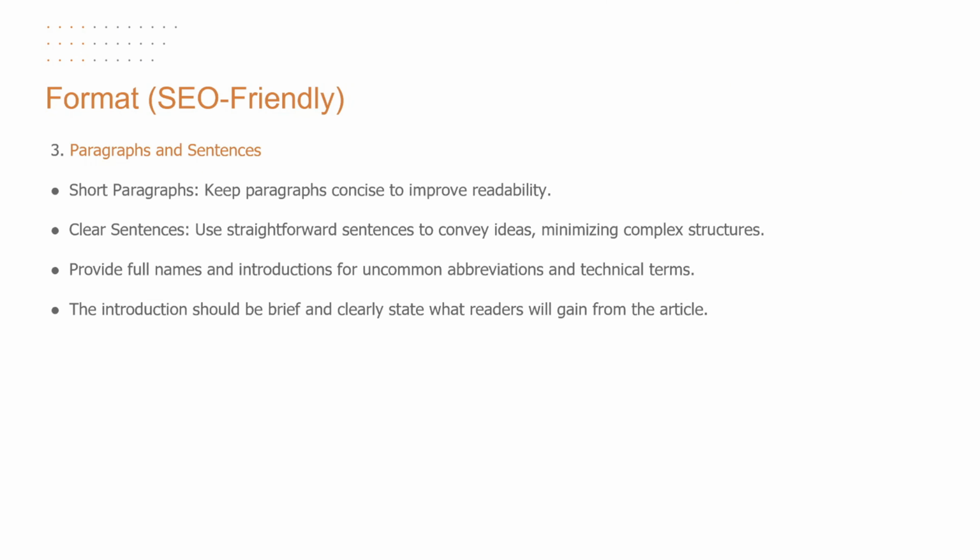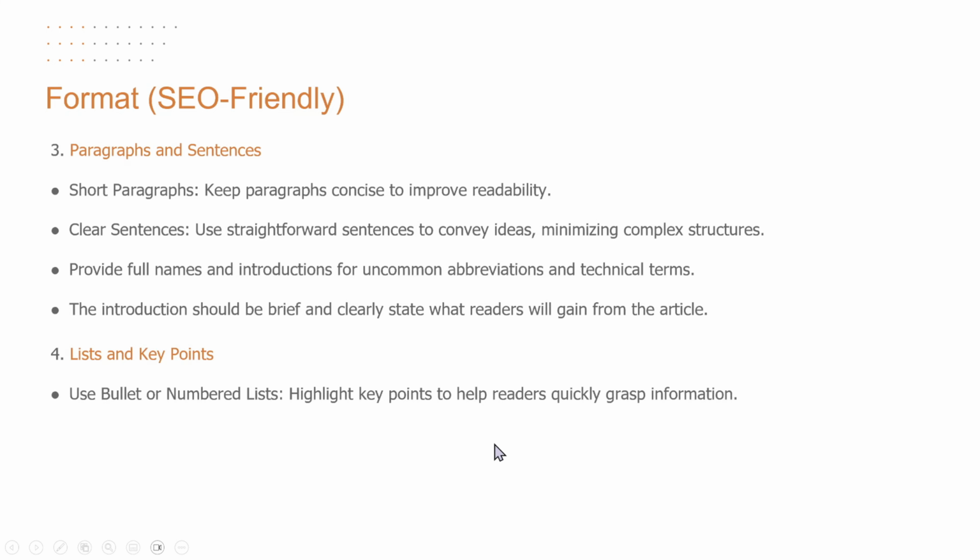Keep your paragraphs short and your sentences clear. This makes your article easy to read. For any uncommon abbreviations or technical terms, give the full term and a simple explanation. Your introduction should also quickly tell readers what they are going to learn from this article.